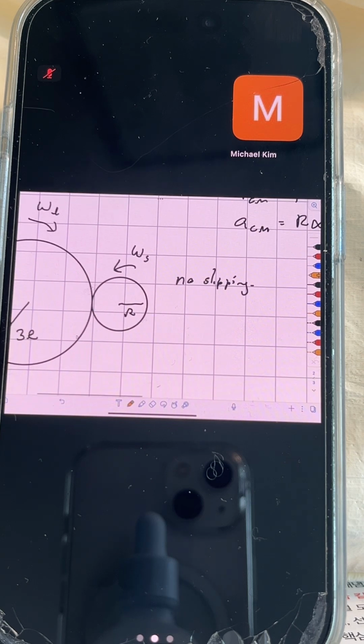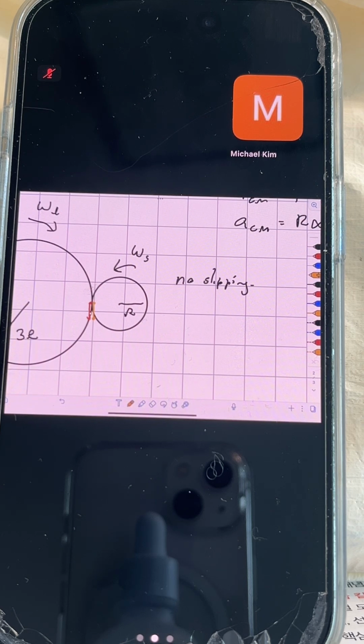if I look at a point on this side and I look at a point on this side, both of these points, this is going this way, this one is going this way. If they're not slipping against each other, what I know has to be true is that the tangential velocities and the tangential accelerations have to be the same.